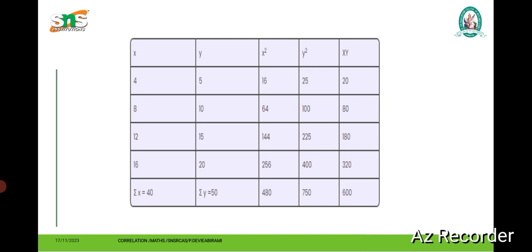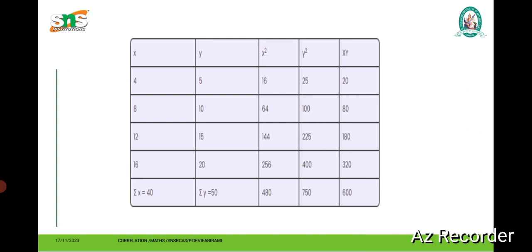Summation x equals 40. Similarly, summation y equals 50. X square means we have to square each and every term of x. So 4 square is 16, 8 square is 64, 12 square is 144 and 16 square is 256. Altogether, if we total it, we will get 480.